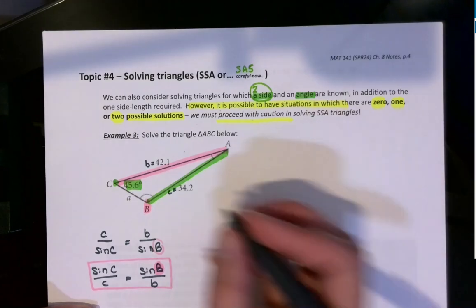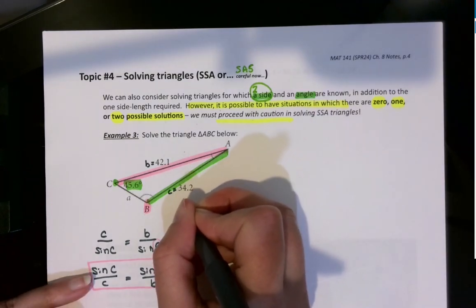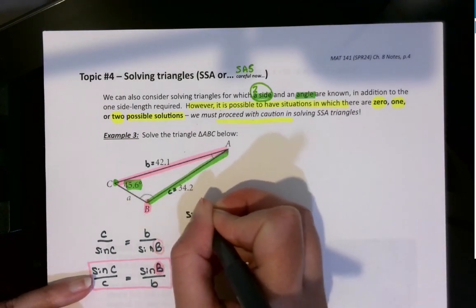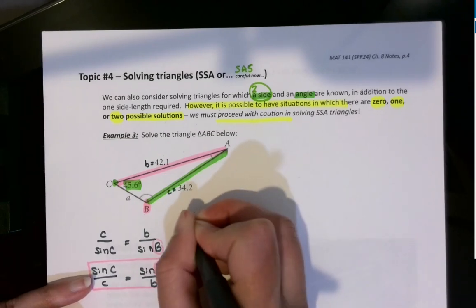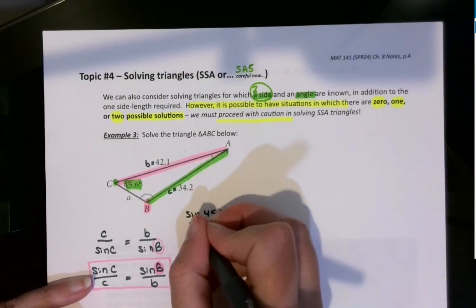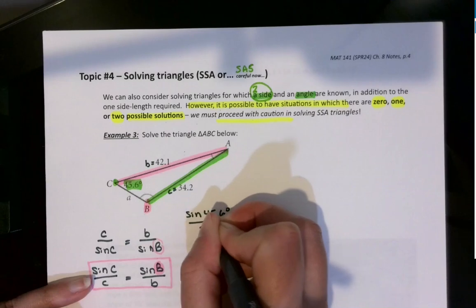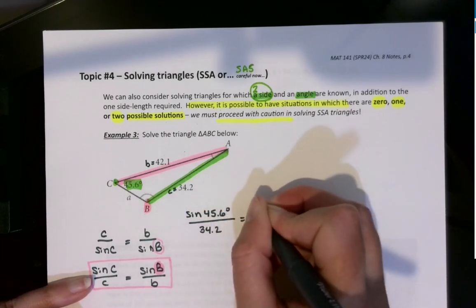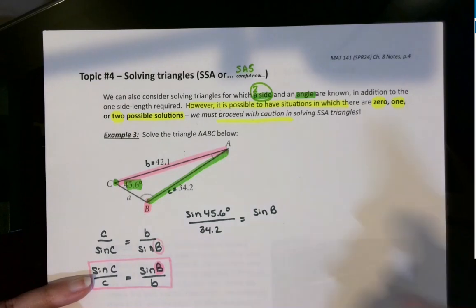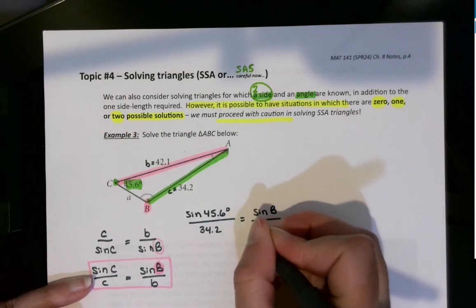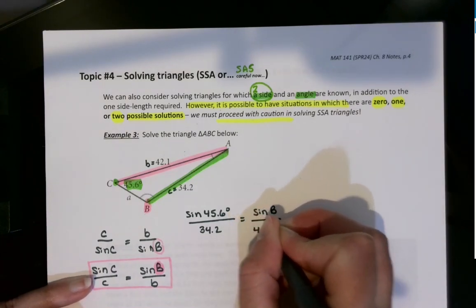We have sine of angle C, which is about 45.6 degrees, over side C, which is 34.2. And this is going to equal the sine of angle B, which I don't know, over side B, which is 42.1.